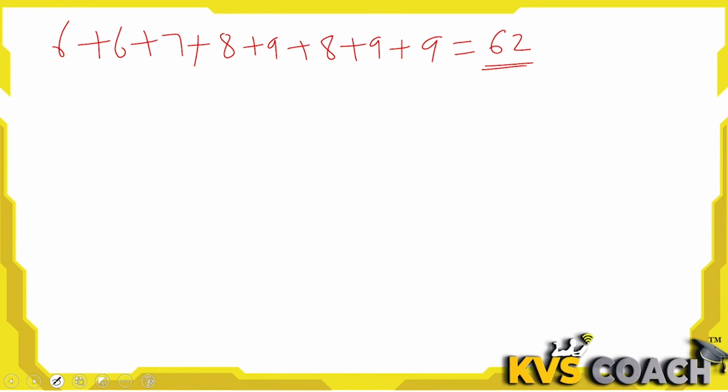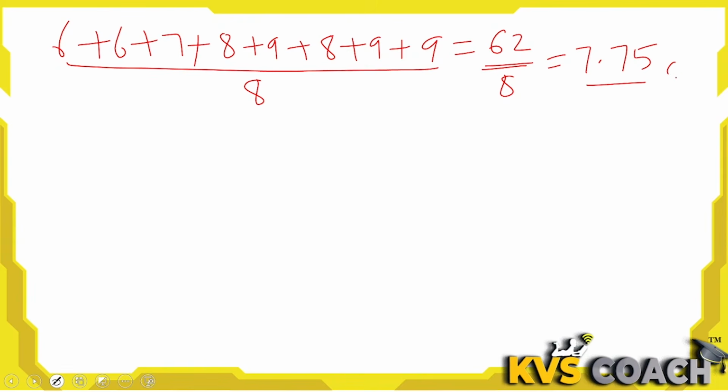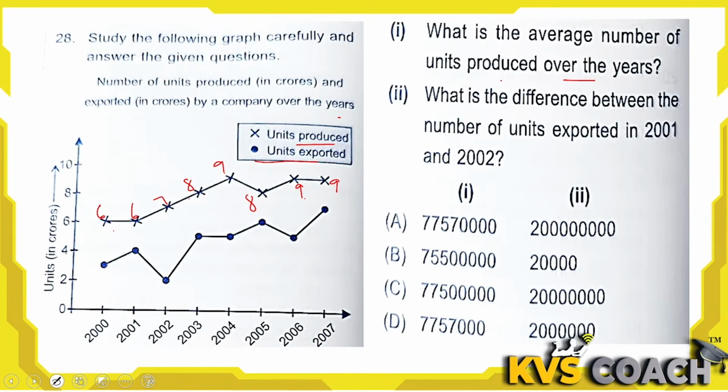Okay, so these are total 8 numbers. We have to find the average. So 62 divided by 8, that is 8 7s are 56, again 8 5s are 40. 7.75 crore, this is the value. See here, we are finding the normalized value. In crores, how many zeros are there?